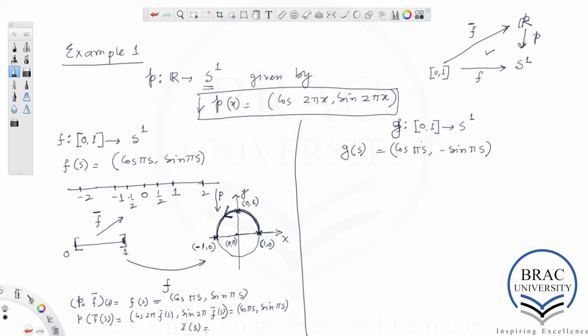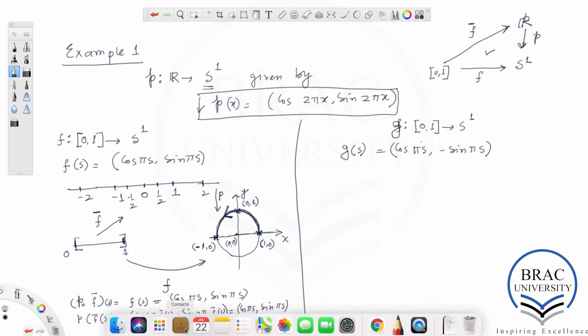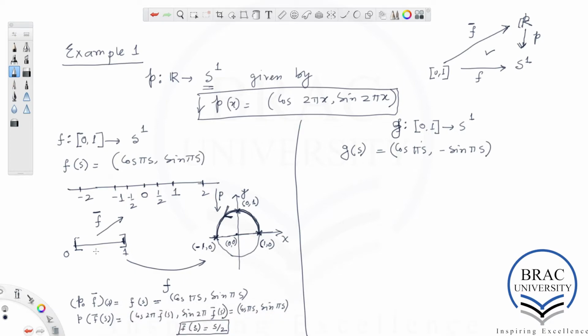Okay, so the only way this is going to be satisfied is to choose f bar of s to be equal to just s over 2. Which means that f bar is a map from 0, 1 to the set of real numbers beginning at 0, since f bar of 0 is equal to 0, and it ends at 1/2, since f bar of 1 is equal to 1/2.